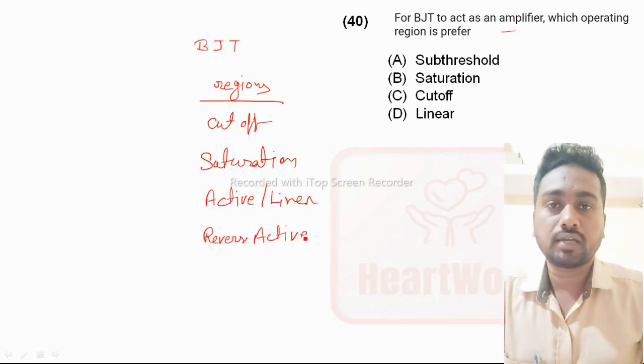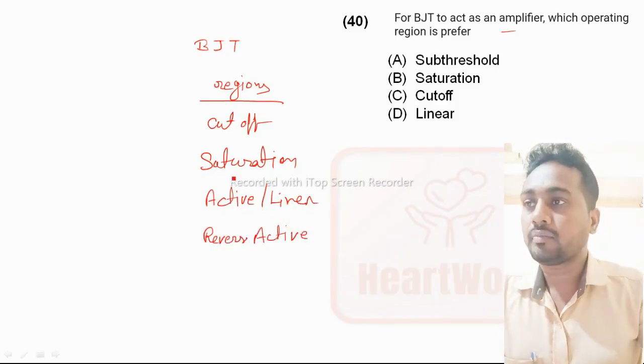So four types of regions are there in a transistor when biasing.